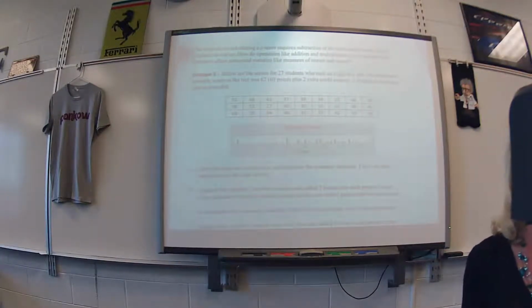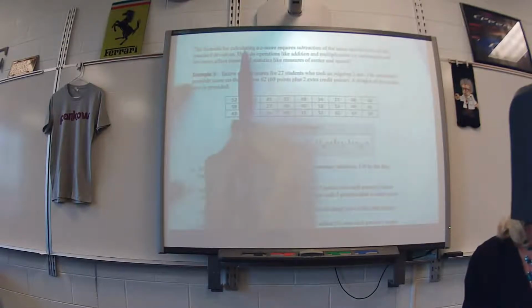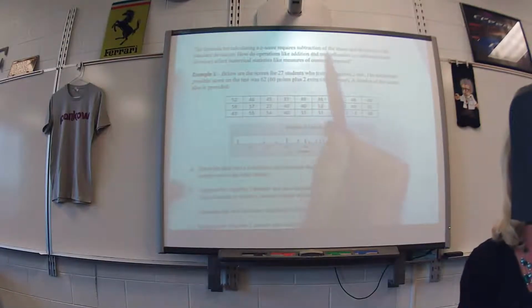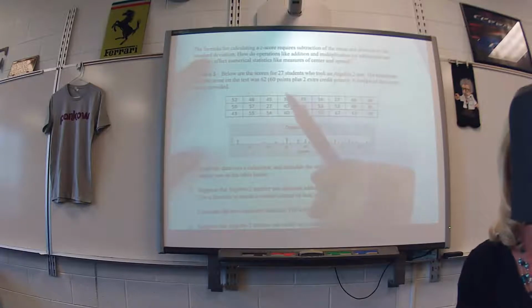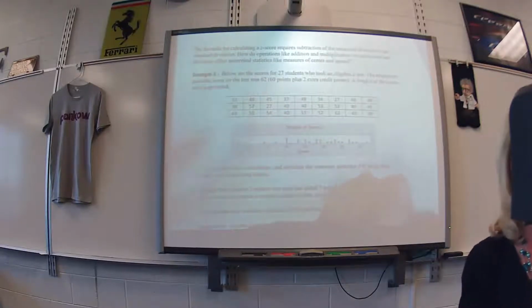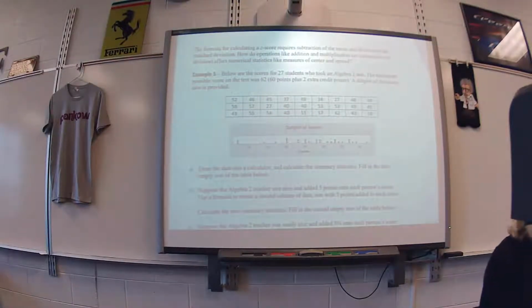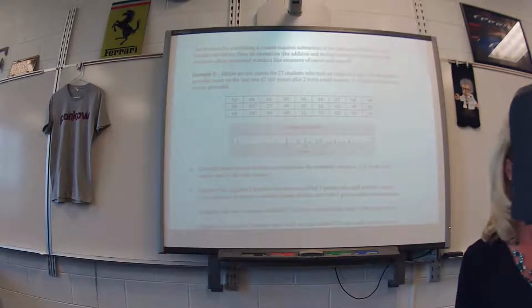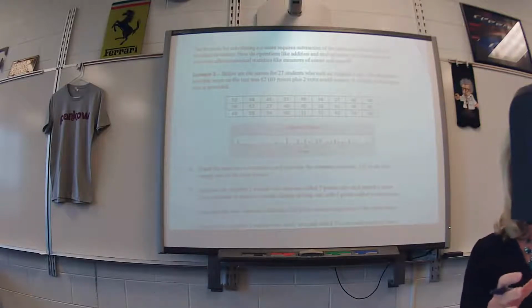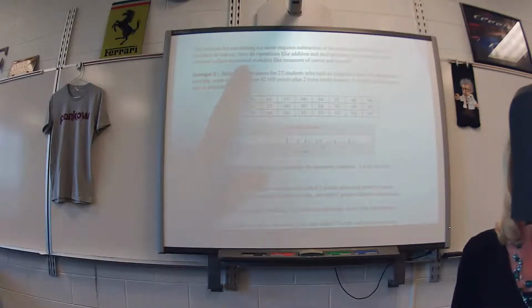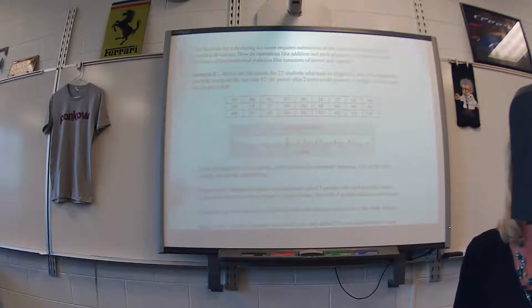And what I also said here is I backed up and said the formula for calculating a z-score requires subtraction of the mean and then division by the standard deviation. And so the whole concept is trying to get you to understand how operations that you do on a data set, like the subtraction or the division, will impact the overall data set. And we're going to see how it specifically affects your numerical statistics.